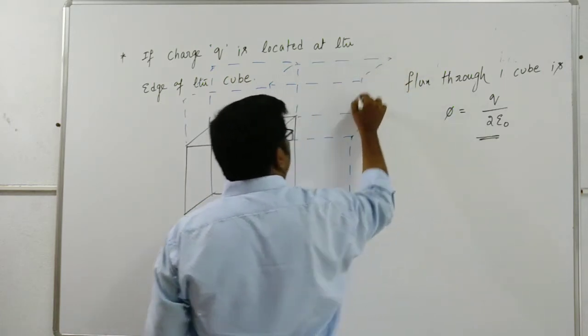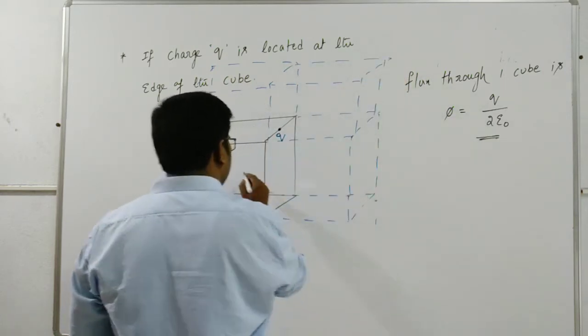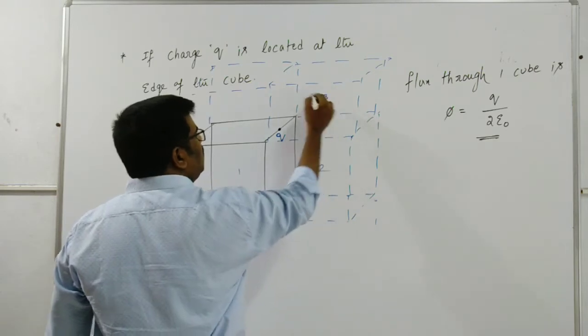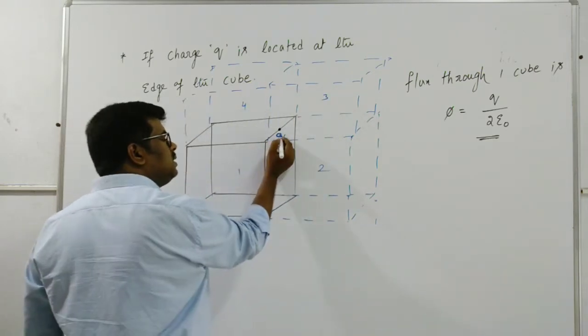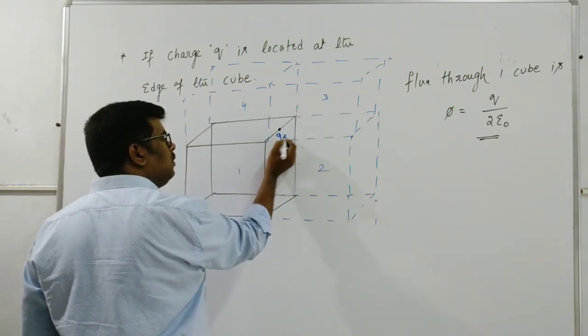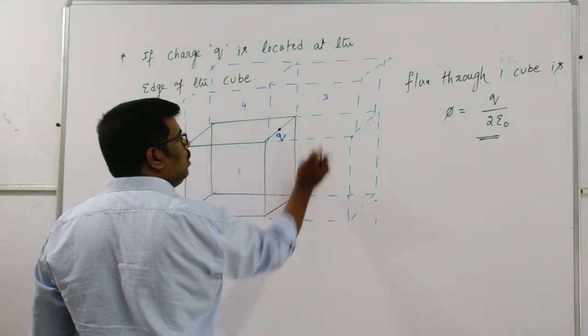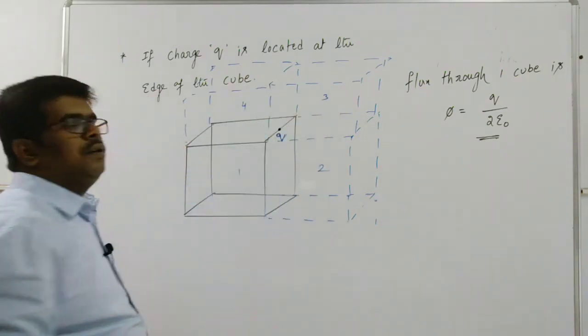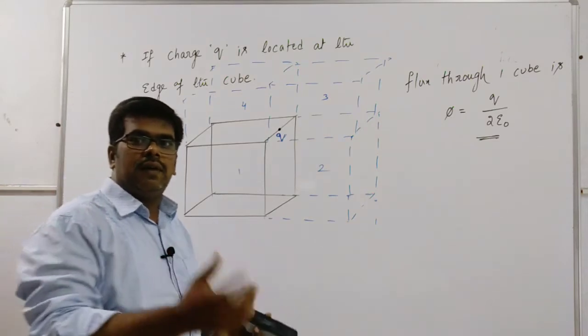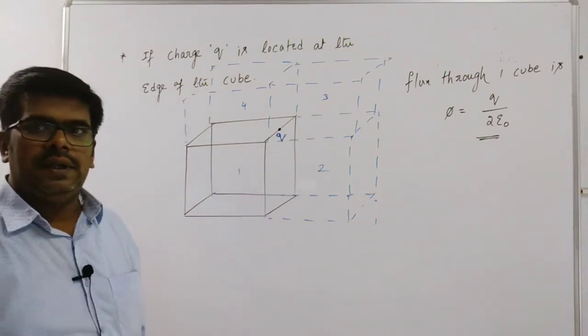Totally 1, 2, 3, 4. So this charge can be enclosed by constructing 4 cubes.